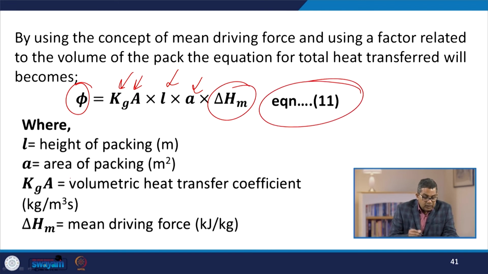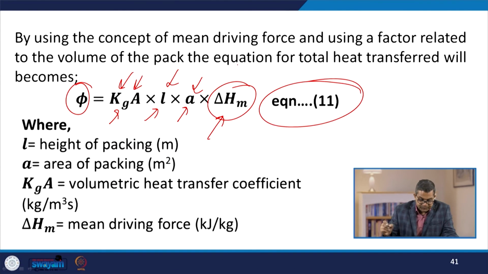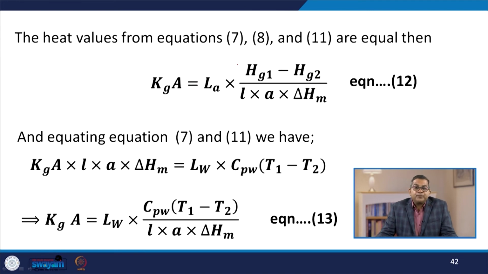Here L is the height of packing in meter, A is the area of the packing in meter square, kGA is the volumetric heat transfer coefficient in kilogram per meter cube second, and delta Hm is the mean driving force, which we have already discussed, with the unit of kilojoule per kilogram.